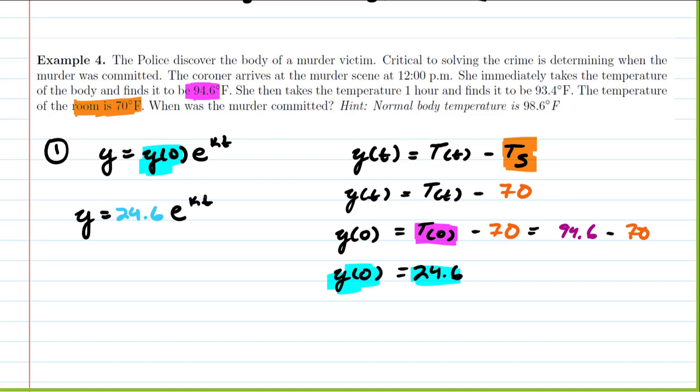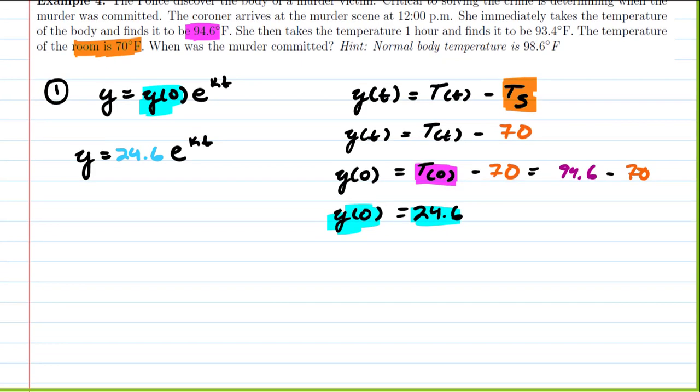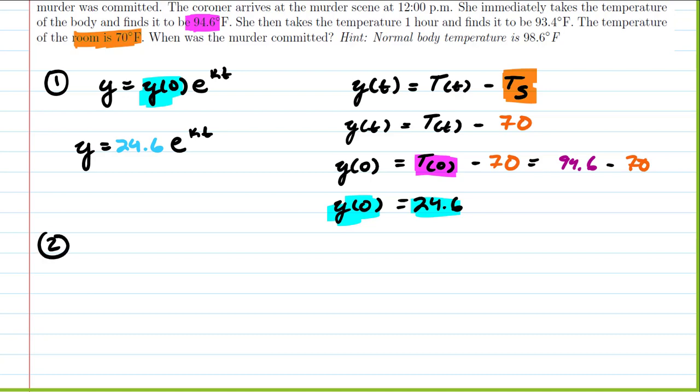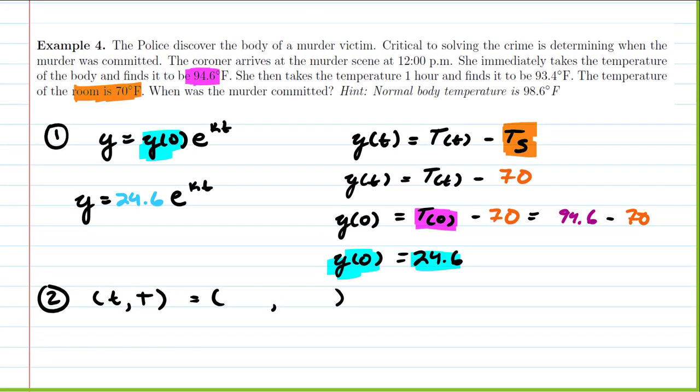So our normal step 2 is we need to find a time and a temperature that go together. So a time and a temperature that pair up. Well, our time and our temperature that pair up is, we know after 1 hour, the new temperature of the body was 93.4.